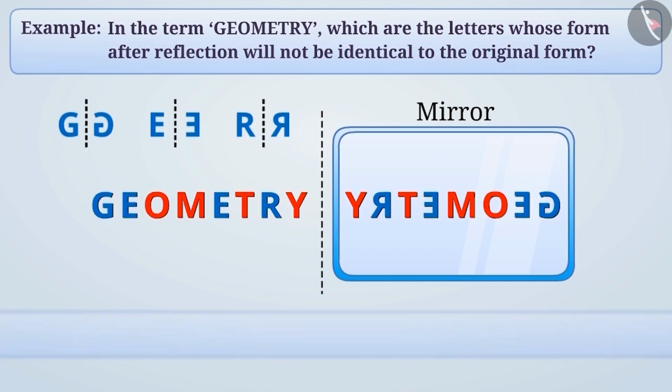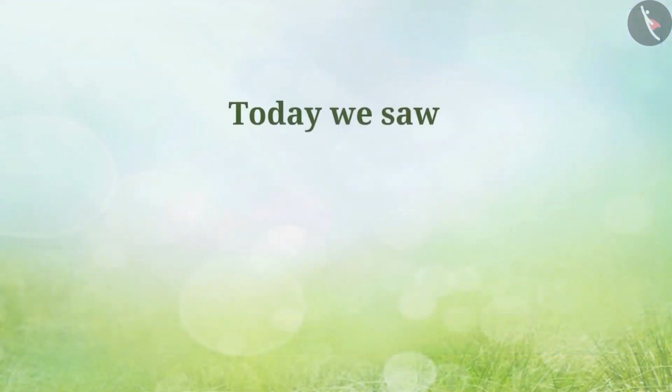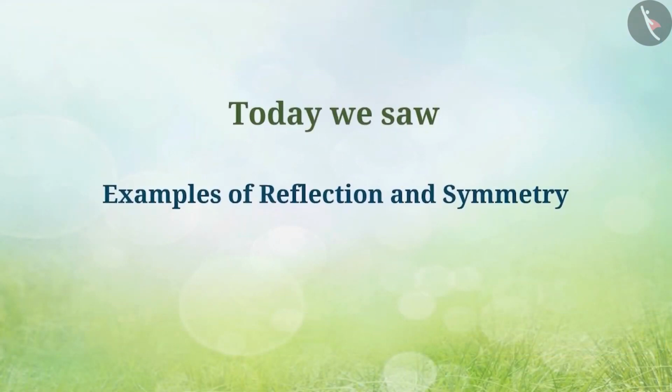Therefore, we can say that the shape of the letters G, E, E, R will not remain identical to the original form after reflection. So today we saw examples of reflection and symmetry.